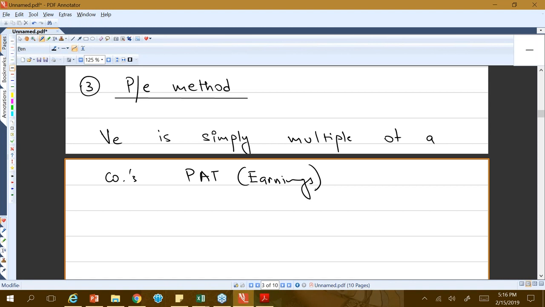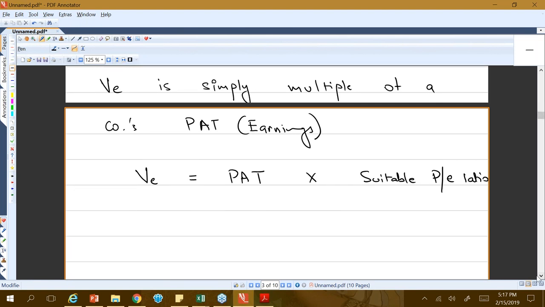What we're trying to say here is that value of the equity is profit after tax into a suitable PE ratio. So profit after tax into the suitable PE ratio.